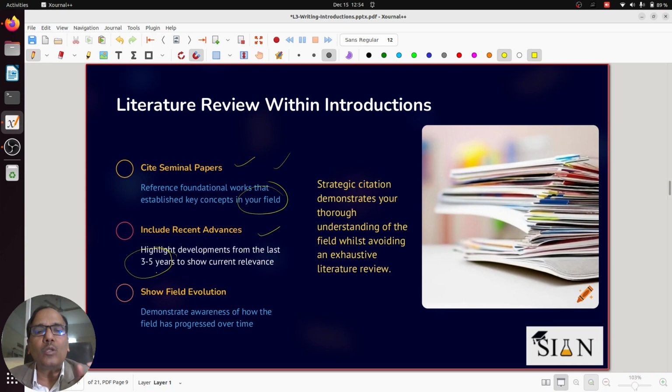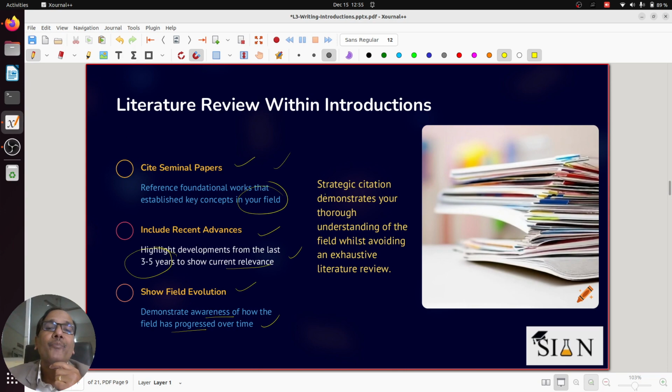Focus on work from the last 3 to 5 years to show the current relevance of your work. And then field evolution: demonstrate awareness of how the field has progressed over time. This is some sort of story writing. Just begin with the broad picture, giving some good papers and review articles, and then the part relevant to your work.